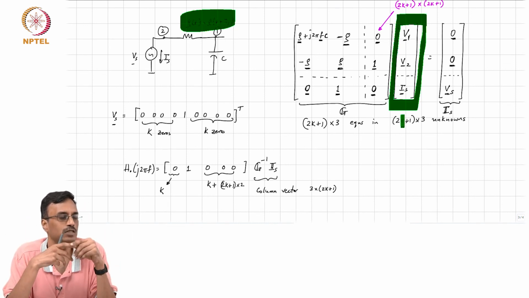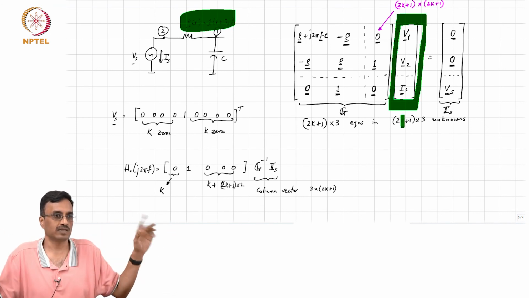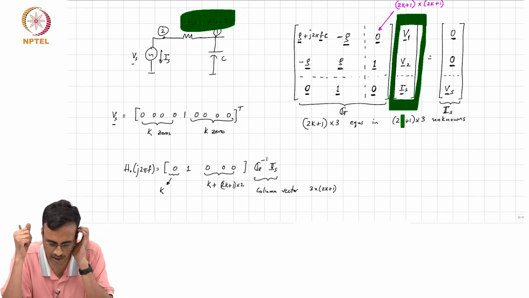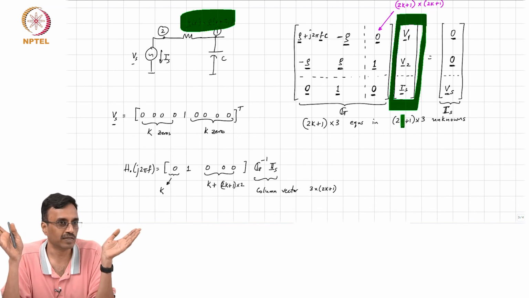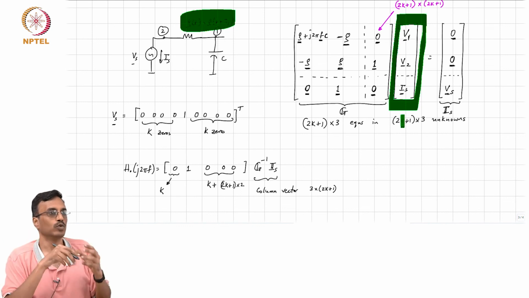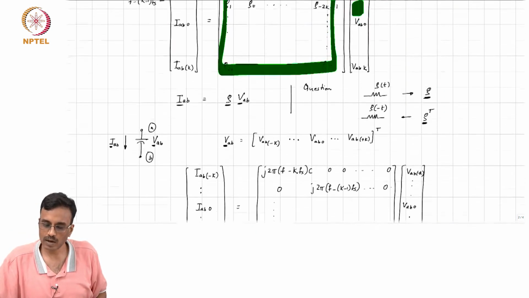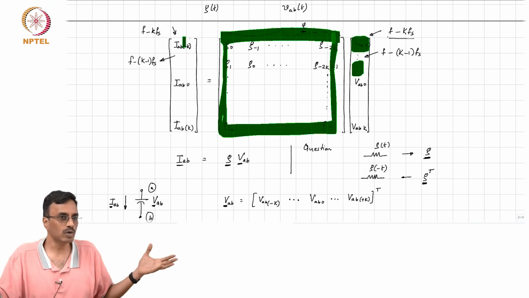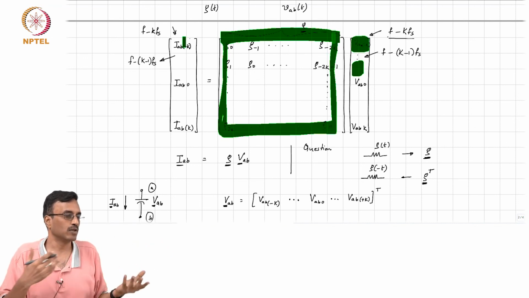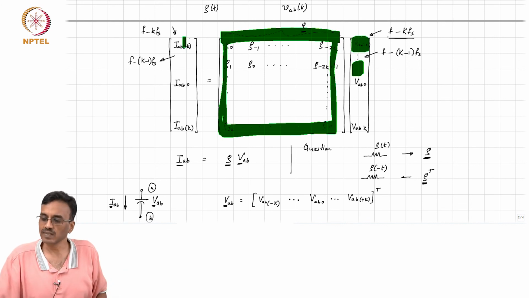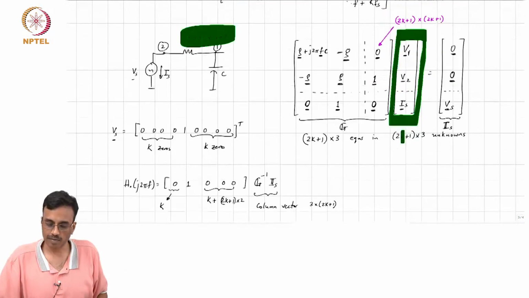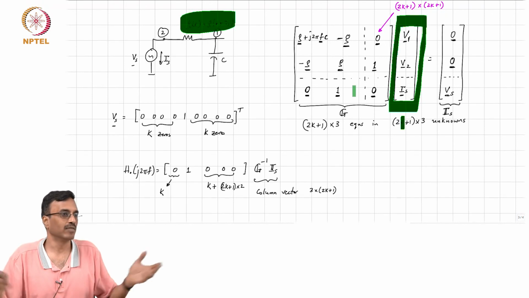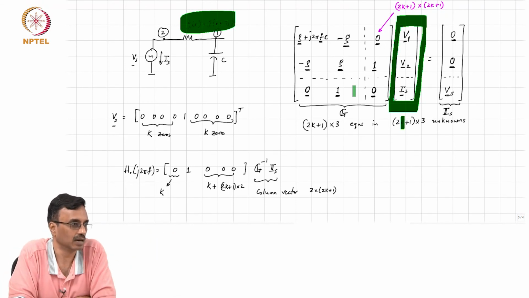So, if G has a lot of non-trivial Fourier series components, then it stands to reason that this matrix would have to be of a very large dimension to be able to capture the behavior of G accurately, in which case this K would be a very large number.